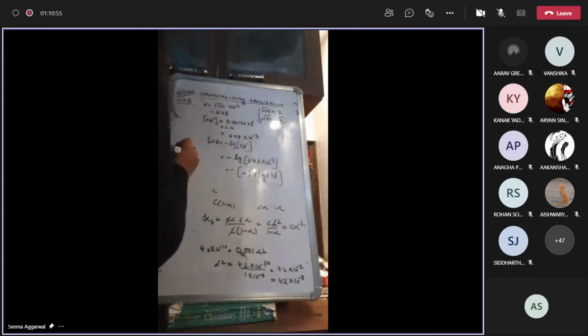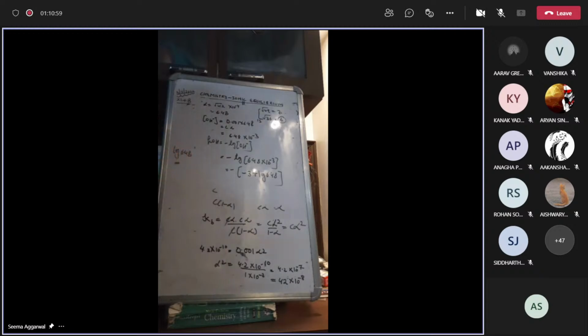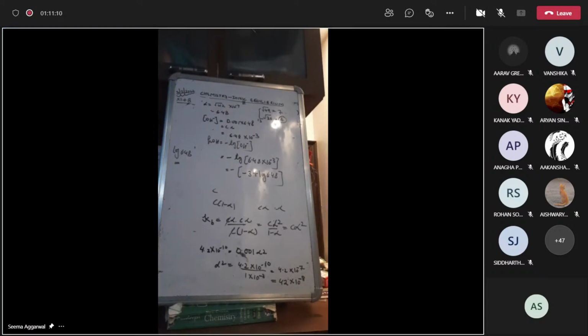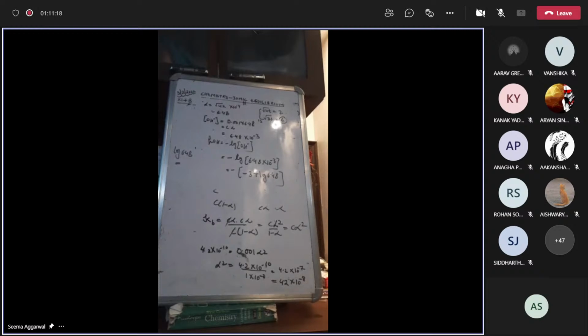In the question, it is given to us that log 6.48 is equal to, suppose we are given in the question, or you can see the log table. Can anyone tell me the value of log 6.48? Seeing the log table, 6.48 means first two digits are 64 and we are seeing in 8. Yes, first tell me from your log tables.